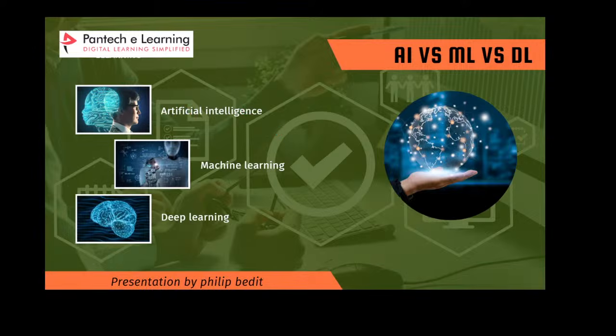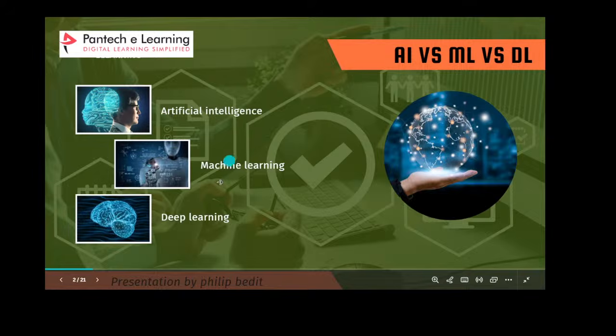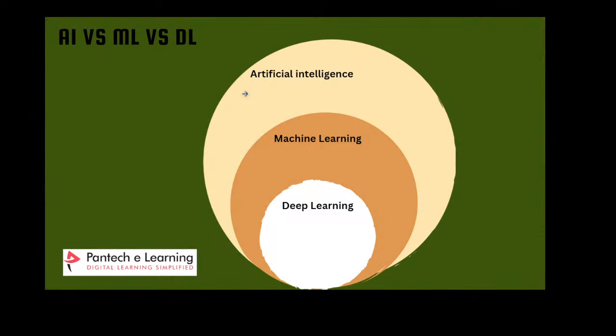Machine learning and deep learning are both subsets of artificial intelligence. Without machine learning we can't attain artificial intelligence, and without deep learning we can't attain artificial intelligence. This is called the building blocks of artificial intelligence.